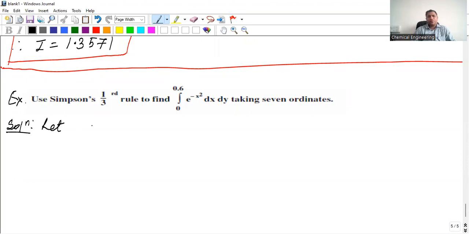I'll add this also: evaluate using the trapezoidal rule.